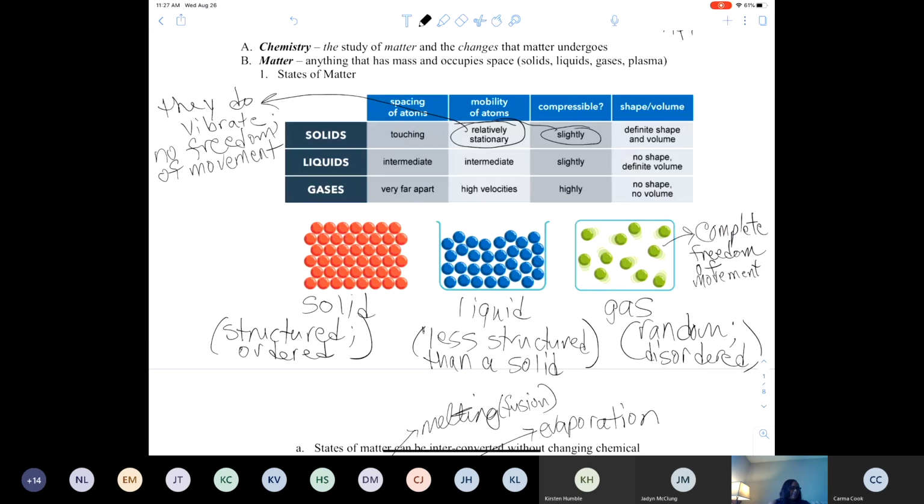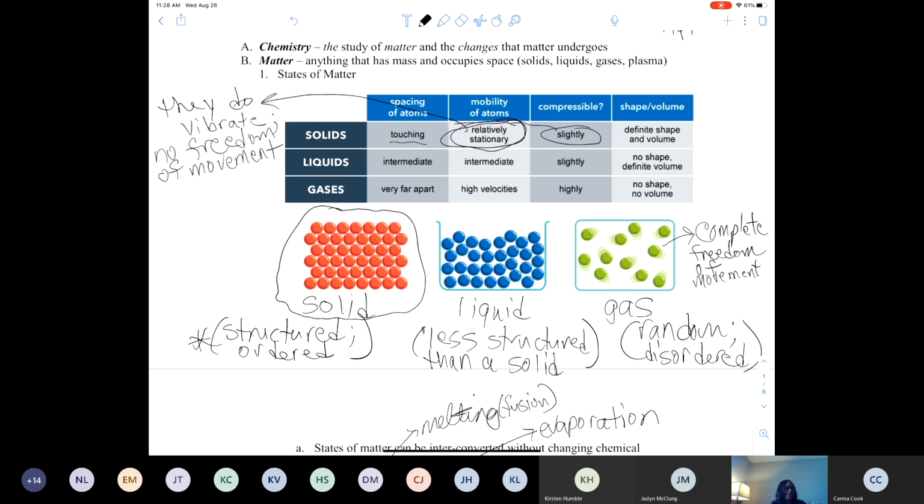And so here is a diagram of a sample of a solid. Notice the particles that make up the solid are in very close contact with each other. They are touching each other. And because they're touching each other, notice there's a pattern to how the particles are arranged. And so therefore, particles of a solid are arranged in a very structured, ordered manner. And because they are arranged in such structured and ordered manner and they're touching each other, they are relatively stationary.